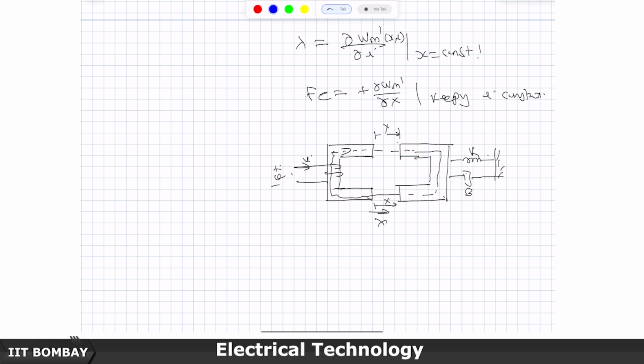Basically once you energize this, it is going to pull this side, and in the process you will do mechanical work because the spring will be elongated. Your electrical energy will partly set up the magnetic field energy here, and partly will be used in doing the mechanical work.